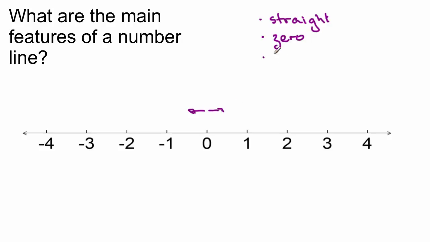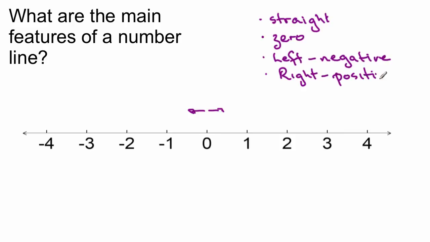You'll notice on the left-hand side, the numbers are negative, and on the right-hand side, they're positive. You'll also notice that they're evenly spaced. And one other thing you'll notice is that they've got arrows at either end of the line.